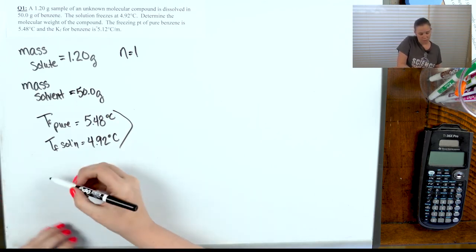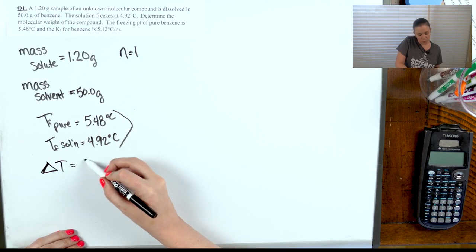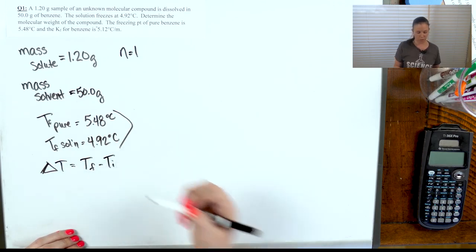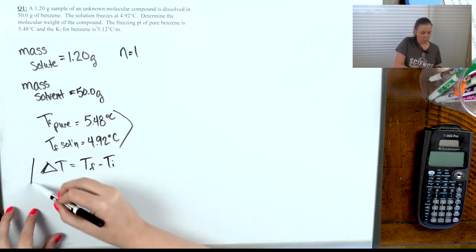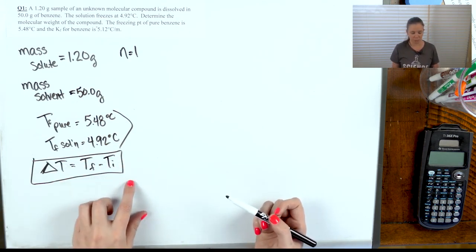So let's do this one with correct signs. Delta T is always going to be equal to the final temperature minus the initial temperature. So that's pretty much a formula there for you. Whenever you're finding delta in chemistry, it's usually final minus initial.